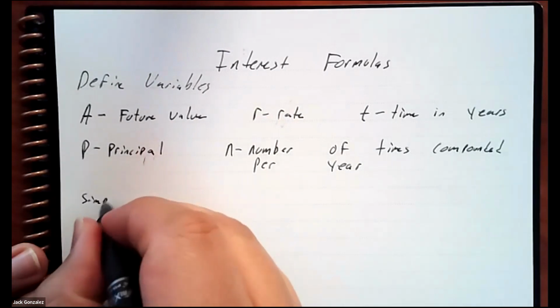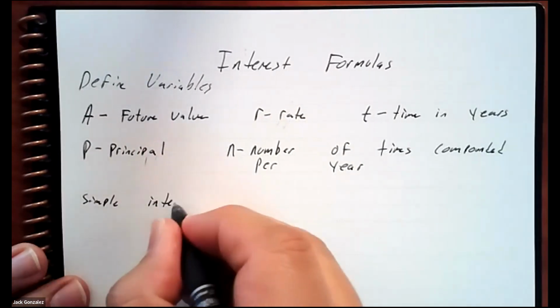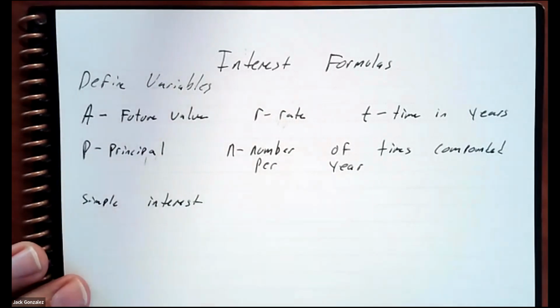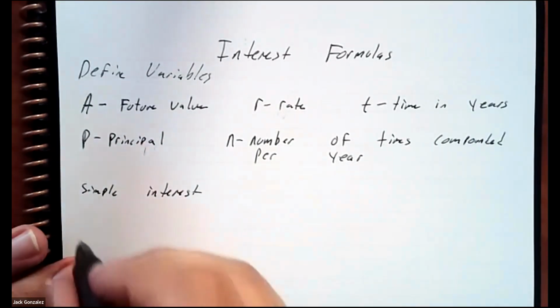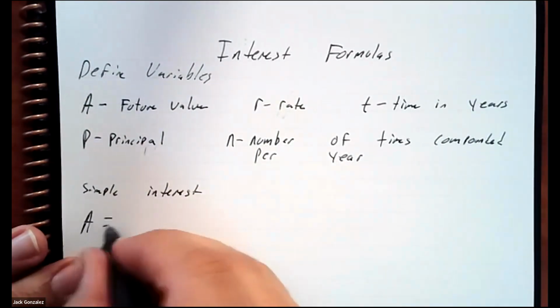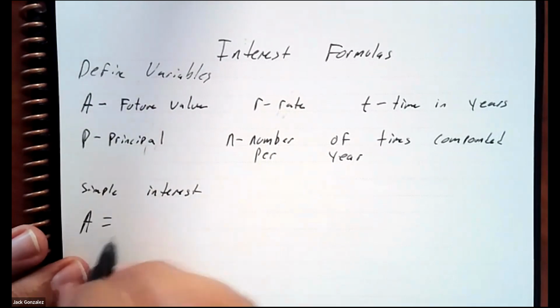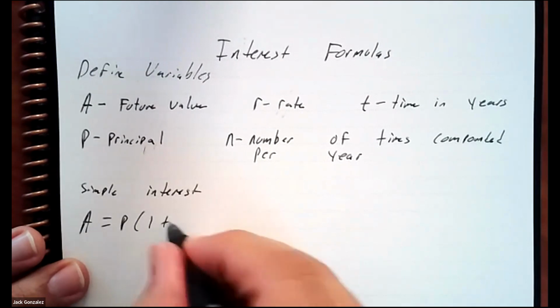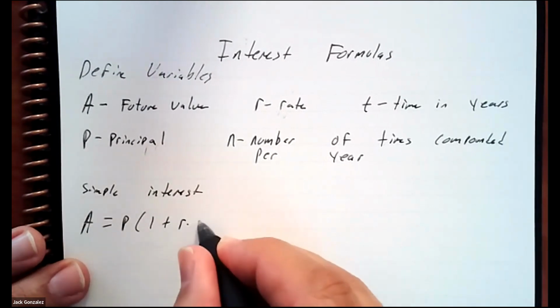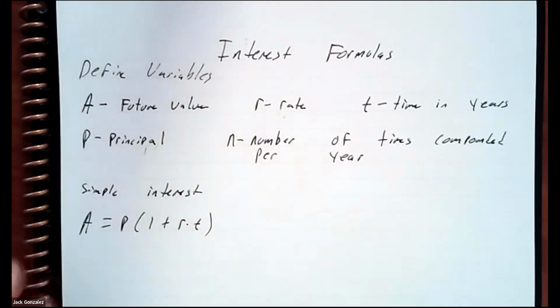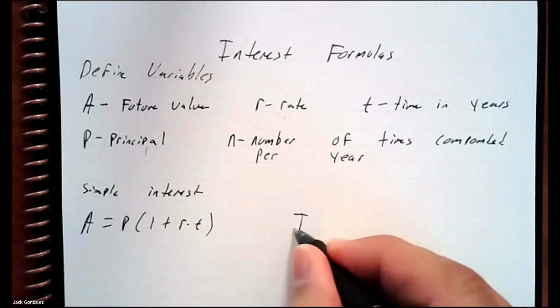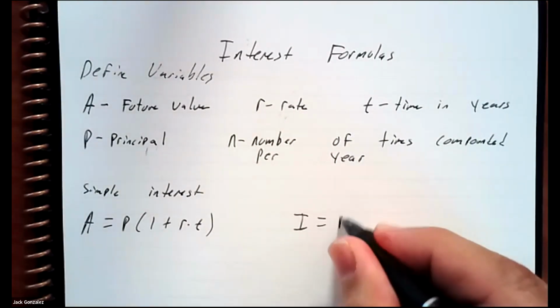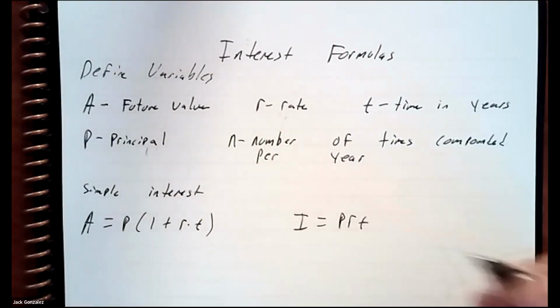Okay. Simple interest is equal to A. A is equal to P times 1 plus R times T. Interest would simply be PRT.